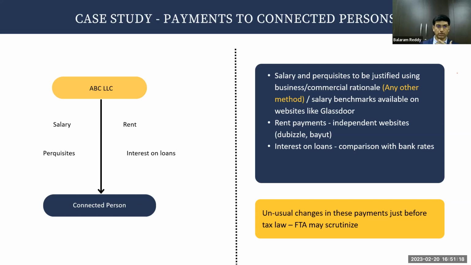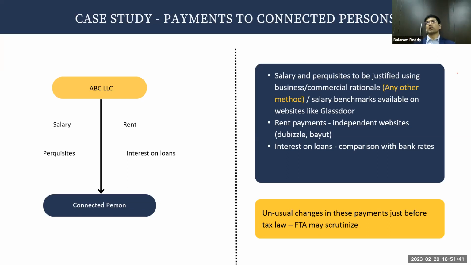If the company is paying salary to the owner, or a remuneration or any other similar payment, they will be considered transactions with connected persons. And you need to make sure that it is benchmarked and shown as an arm's length price.